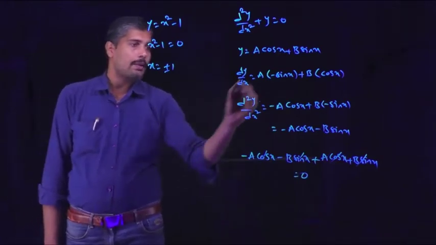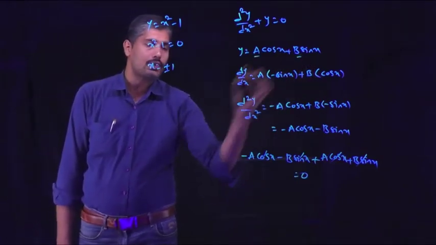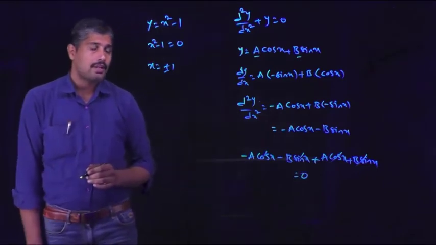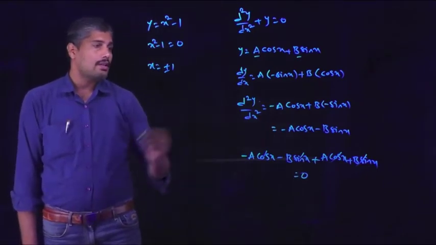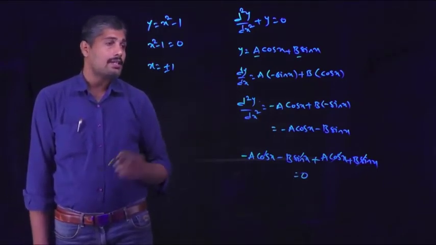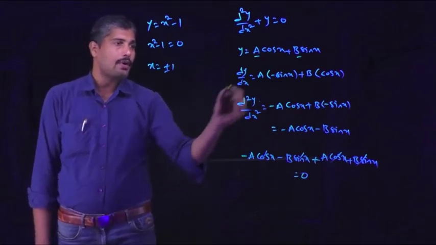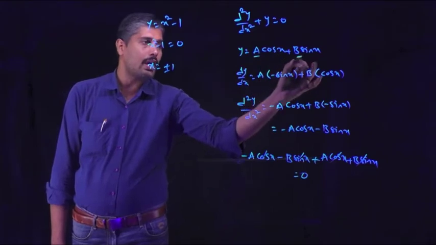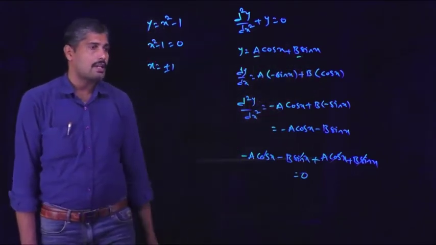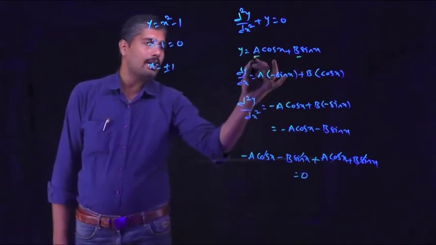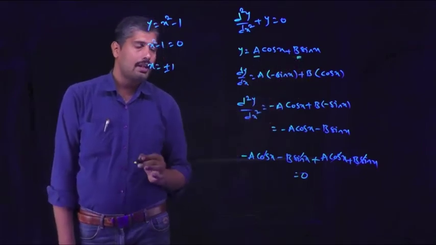Here there are two arbitrary constants. What is the general solution? The number of arbitrary constants is equal to the order of the differential equation. Here there are two arbitrary constants in the equation, a and b.